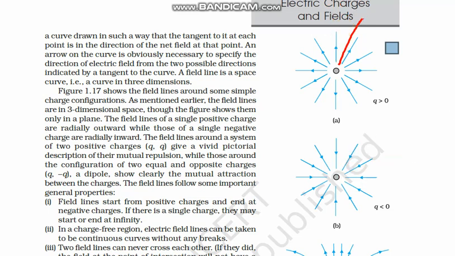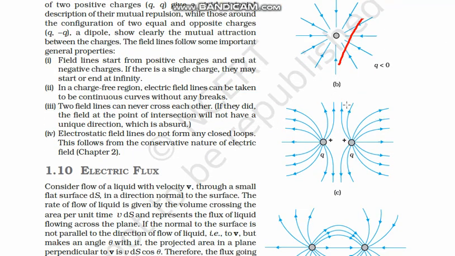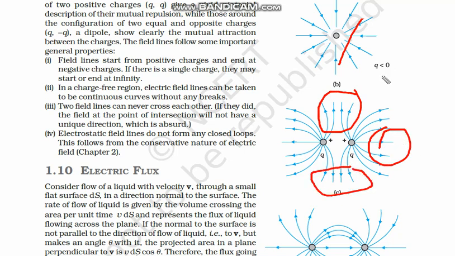Same in the case of a negative charge. If both the charges are positive, again you see no two lines are intersecting each other. At this point these are concentrated, at this point they are further apart, but still they are not intersecting each other.